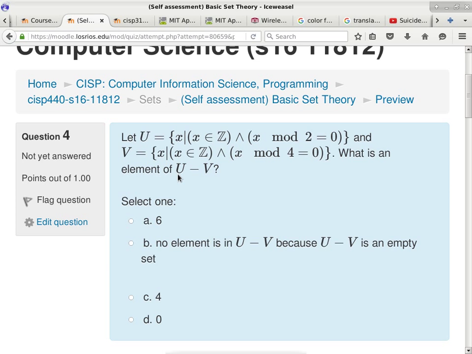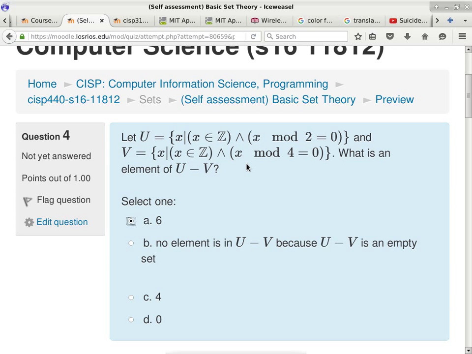Now remember, in the quote-unquote subtraction of sets, the resulting set will be the elements that can be found in U but not found in V. So A is the correct answer, because 6 is a multiple of 2, which means it is in the set U. But 6 is not a multiple of 4, so it is not excluded from U minus V.